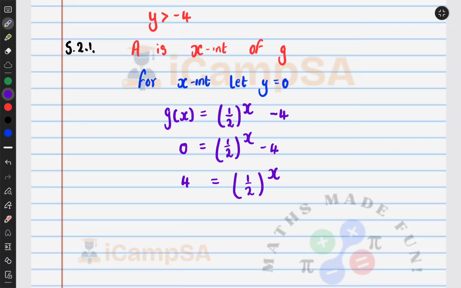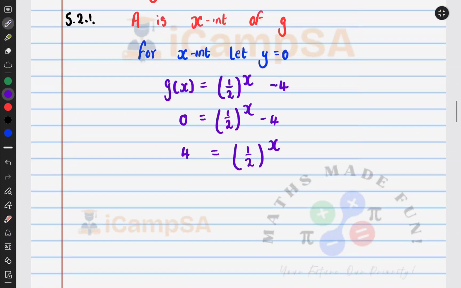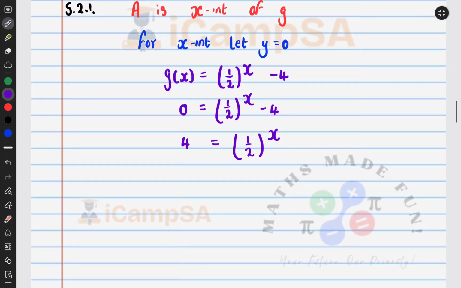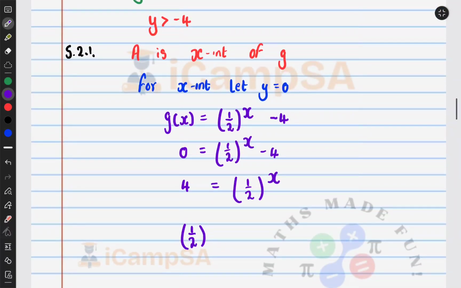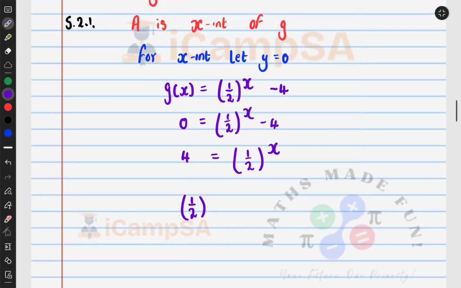Let's try to express 4 in terms of 1/2 so that we can have the same base, and we use the laws of exponents to drop the bases. So we're going to have (1/2) to the power of negative 2.